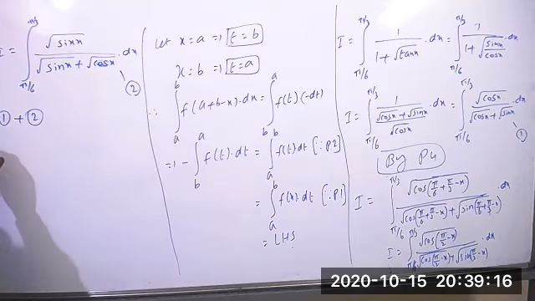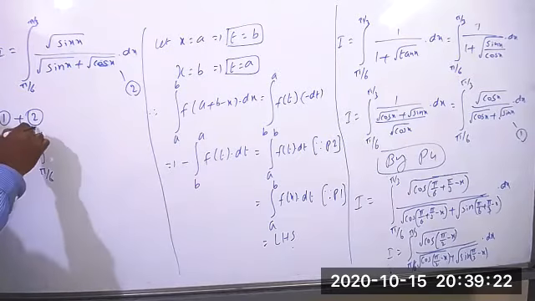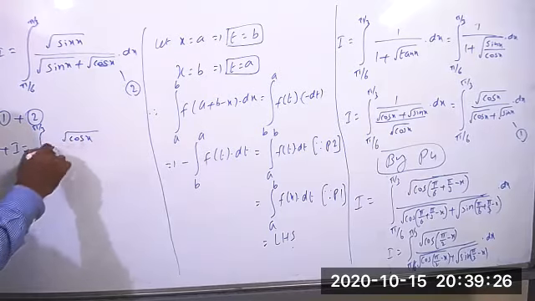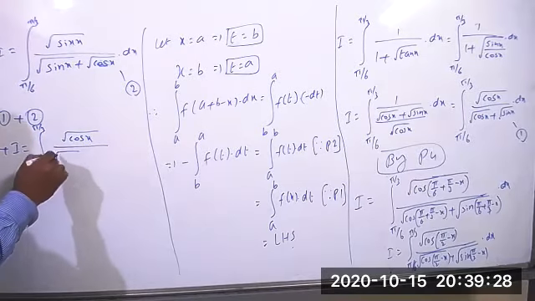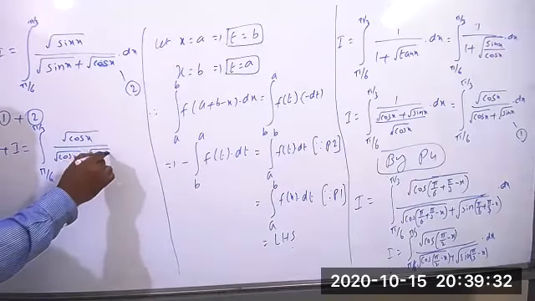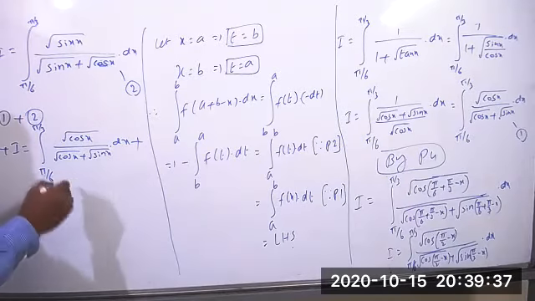What is the first equation here now? I plus I is equal to: the first equation is integration of pi by 6 to pi by 3 root of cos x by root of cos x plus root of sin x into dx, plus. And what is the second equation here now?